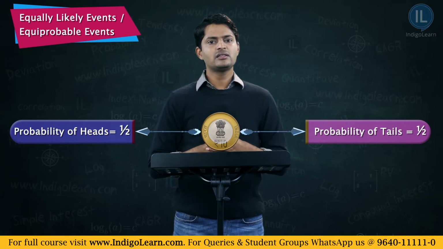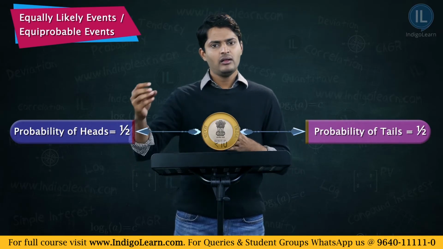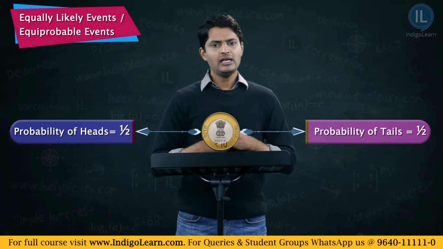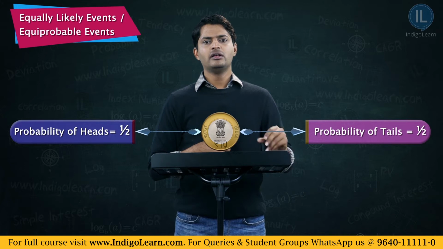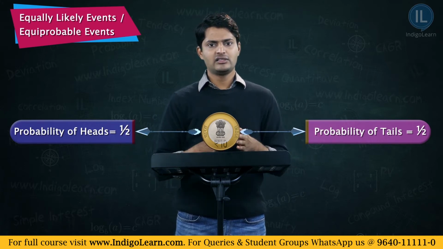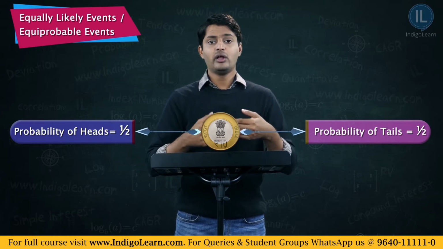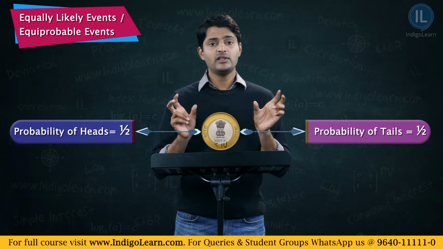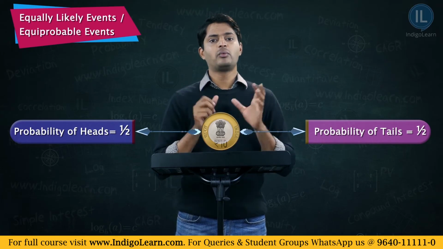Yes. That means there is no special bias that a head has compared to a tail, or no special favor that an odd number has compared to an even number. All these events are equally likely or equiprobable when we are conducting this experiment. So these are some of the terms that are associated with probability.